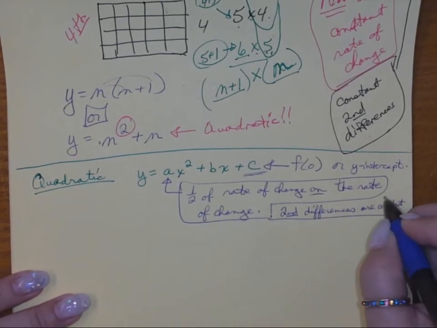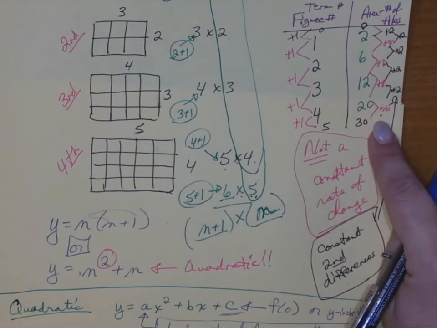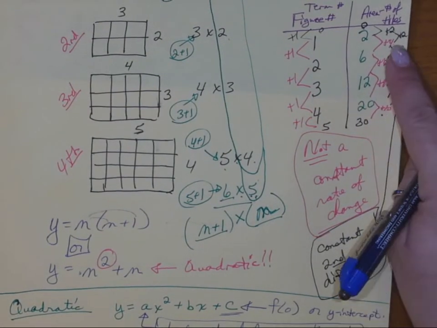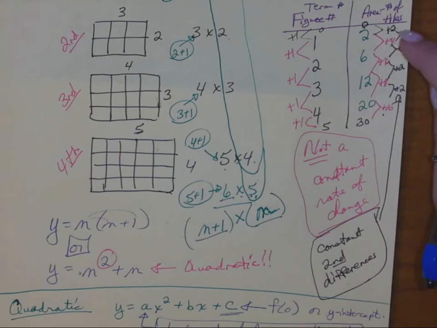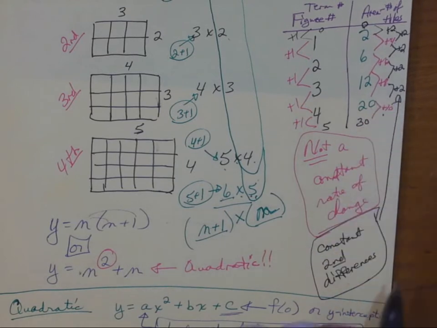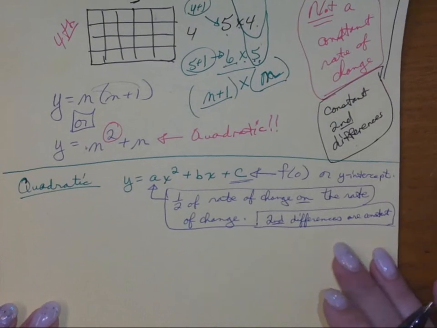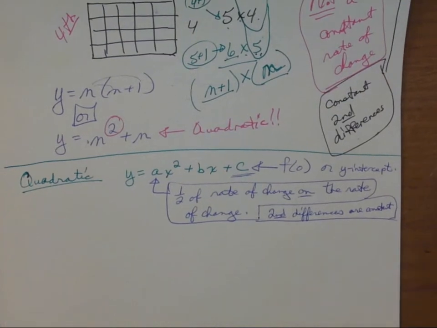So let's think about that for a second. If this first level here is my rate of change, and that wasn't constant, then when I do this second level, that's the rate of change inside of the rate of change. So it's the rate of change on the rate of change. That's the second differences, or the second rates of change.